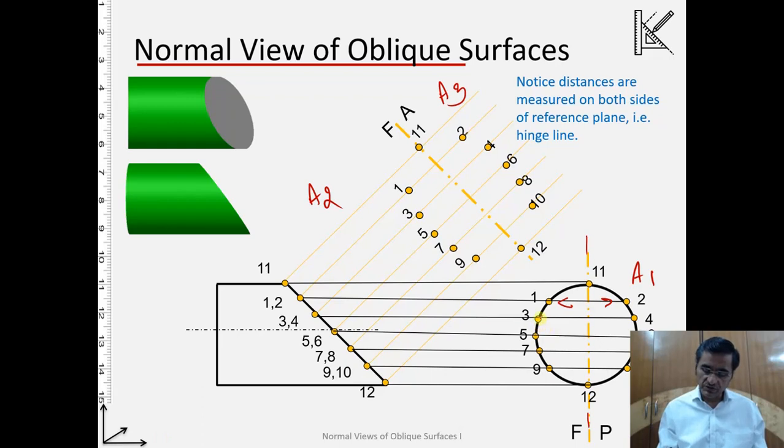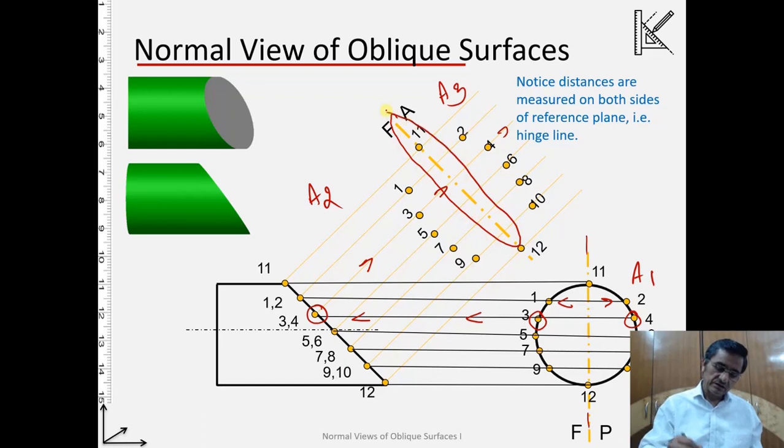So for example, 3 and 4, here is the projector which is going to the frontal, to the S view, and from here corresponding to 3 and 4, that is how the projector is going. As per the distance from the hinge line, here in this case that's the hinge line, and we need the distance from the hinge line to 3 and to 4.